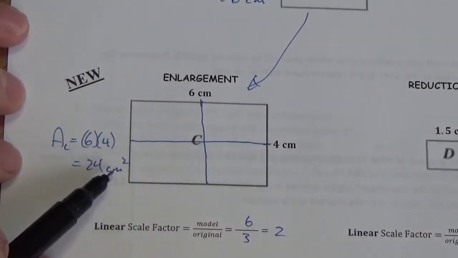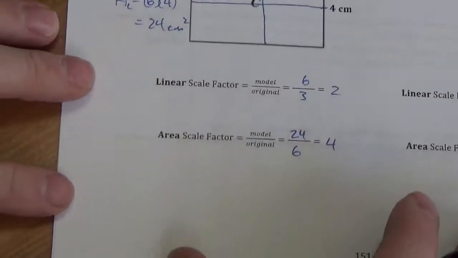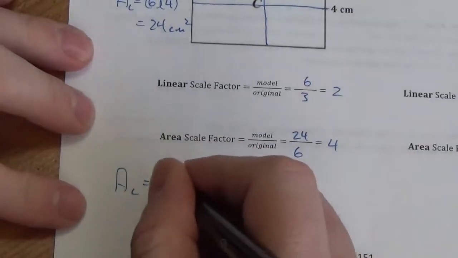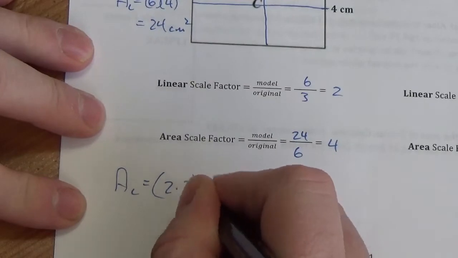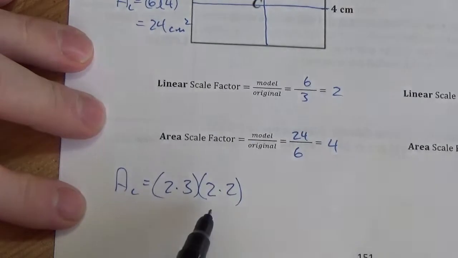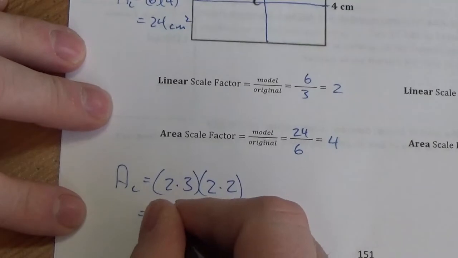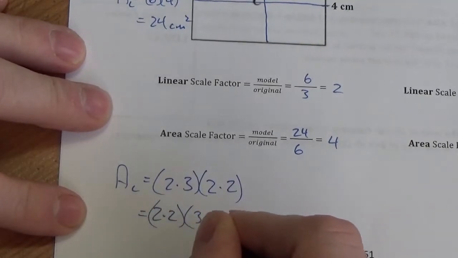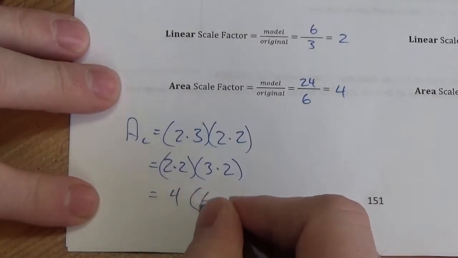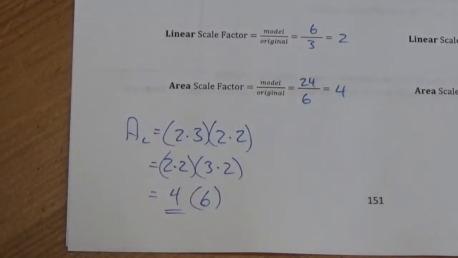This length is twice as big, this length is twice as big, so the whole area is 4 times as big. Another way of looking at it: to get the area of C, first of all, it's 2 times the length of A multiplied by 2 times the width of A. Those two 2's I can pull out front, so this is going to be 2 times 2 times the area of A, and that is 4 times the area of A. And it's really this 4 that I want to focus on, because I can pull those two factors of 2 out.